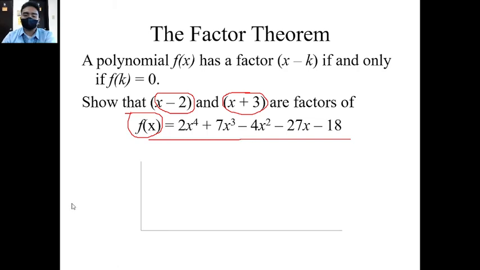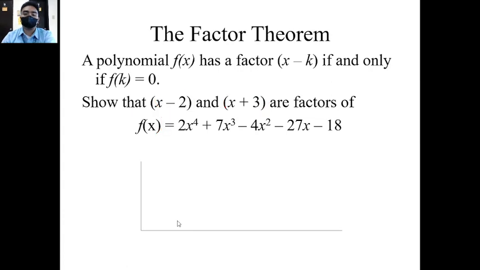Because in synthetic division, we can easily determine if you have a remainder or not. In long division, you are still able to see if you have a remainder, but in synthetic division, it's much easier to identify. So in dividing this polynomial using synthetic division, you're going to get the coefficients. What are the coefficients?